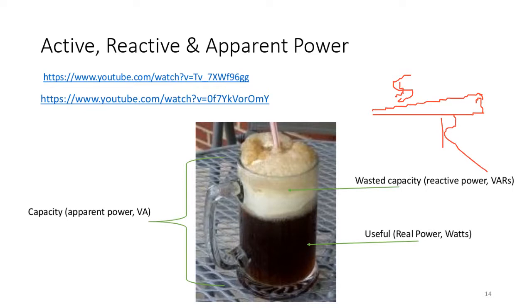But if the angle is large, you need this much S.